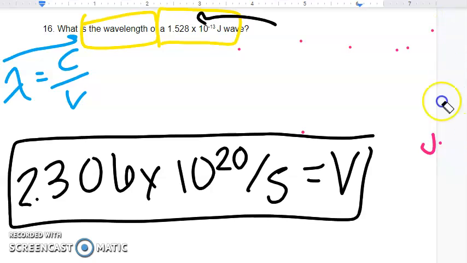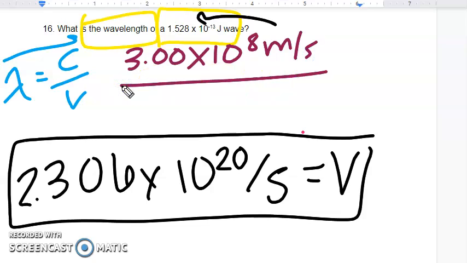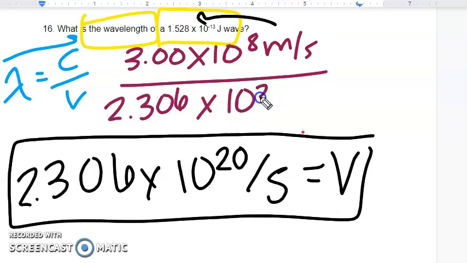So let's erase all of this work now that we've solved V. With this information, we can easily figure out what our wavelength is. So if we have our constant as 3.00 times 10 to the 8th meters per second, and we just determined our frequency is 2.306 times 10 to the 20th per second, now we just solve for it.